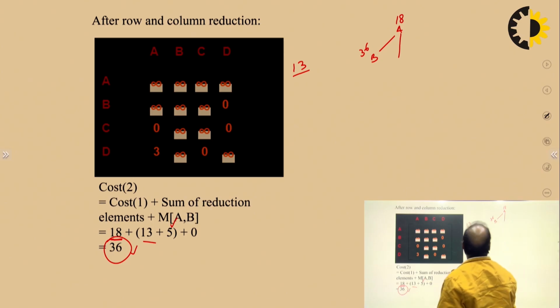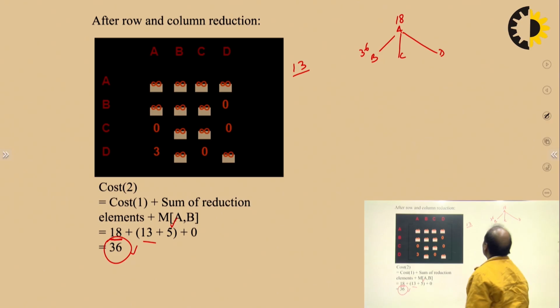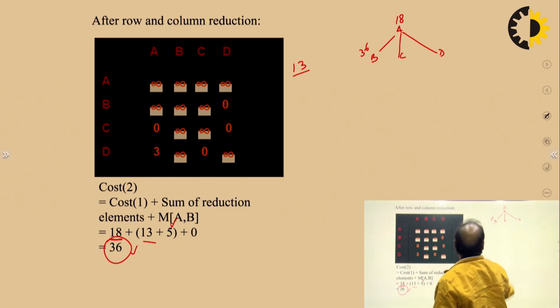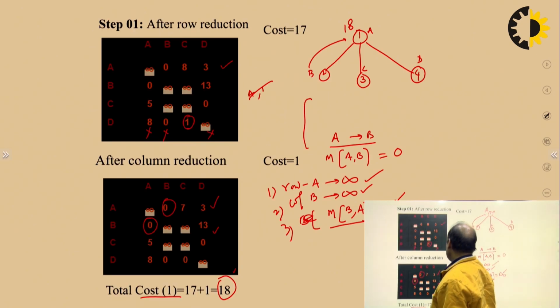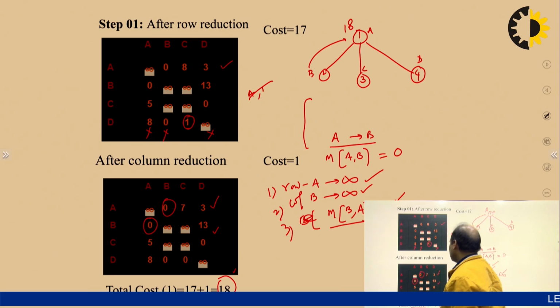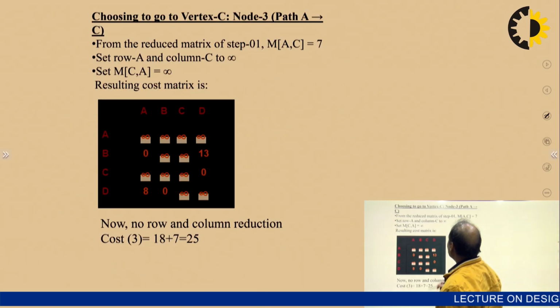Now let us explore another option C and let us explore another option D. By taking the original matrix, this number 1 matrix is going to be again. So if you are going from A to C, row A, column C, and then C to A is going to be infinity, right? So row A infinity, column C infinity, then C to A is infinity.